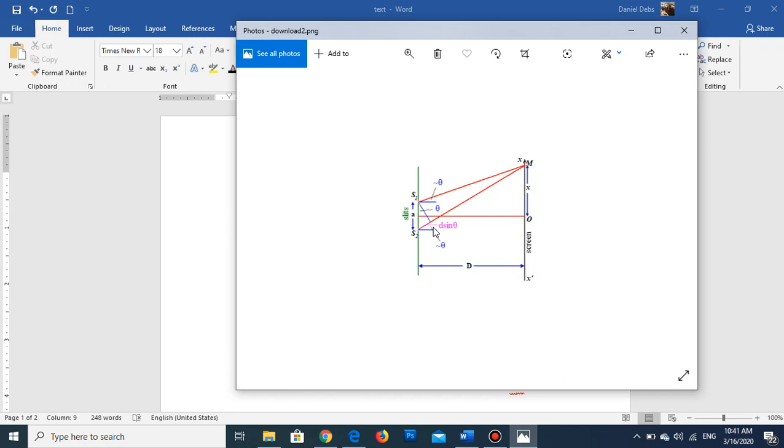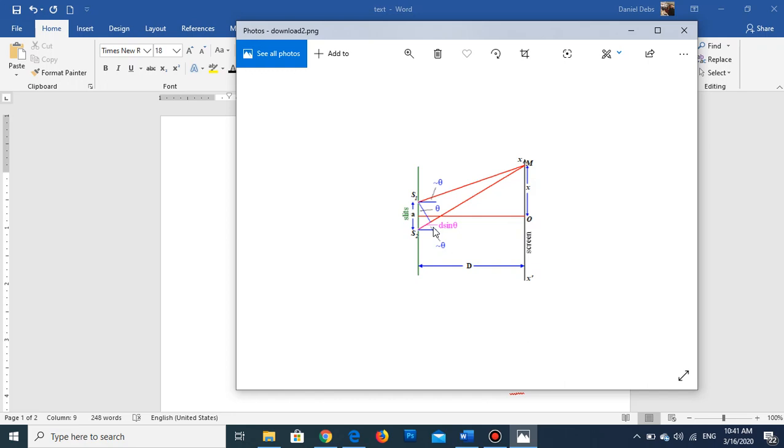I'll repeat. How to determine the position of a bright fringe is by using this formula: xm equals k lambda d over a, where k belongs to Z, which means whole numbers from minus infinity to plus infinity. For k equal 1, this is the first bright fringe. K equal 2, second bright fringe. But what about k equal 0? Then x will be equal to 0.